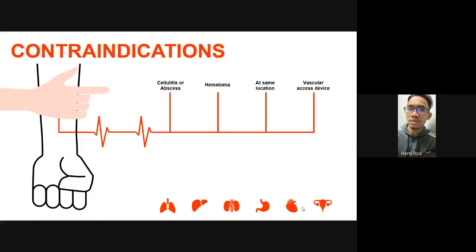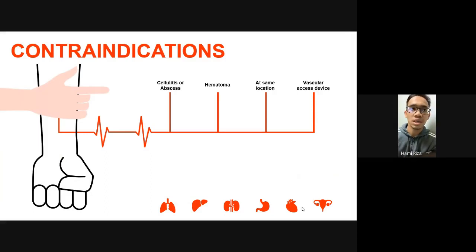Apart from these four, other contraindications for that site are the presence of any vascular shunt, graft or fistula, or the presence of venous scarring, which can be determined by a firm, thickened and tender vein.